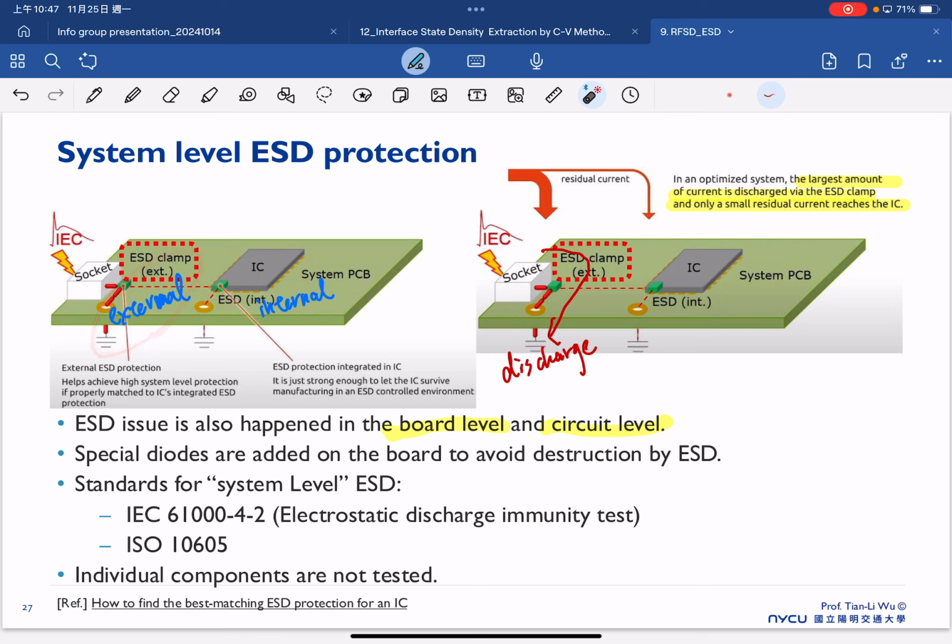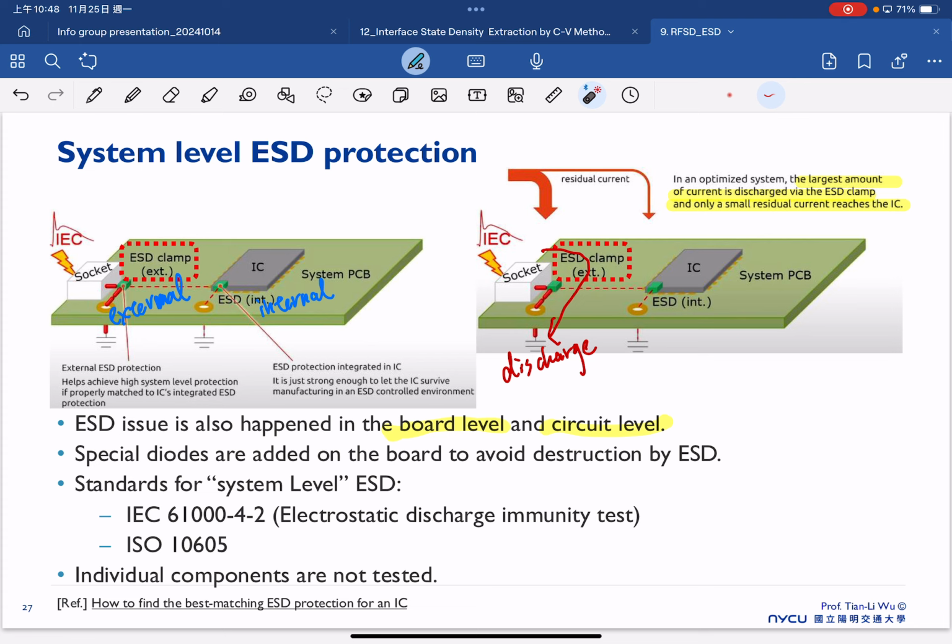Of course, you can realize that if you want to minimize the ESD damage, you can put as many ESD clamping circuits around your core IC as you can. But one of the issues is cost, because it wastes chip area.